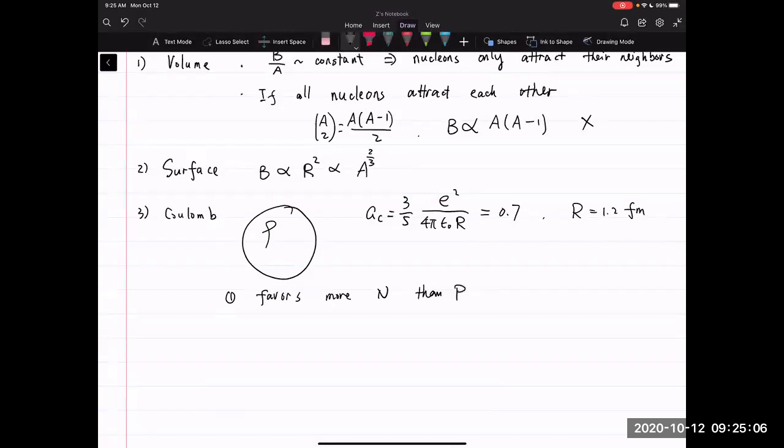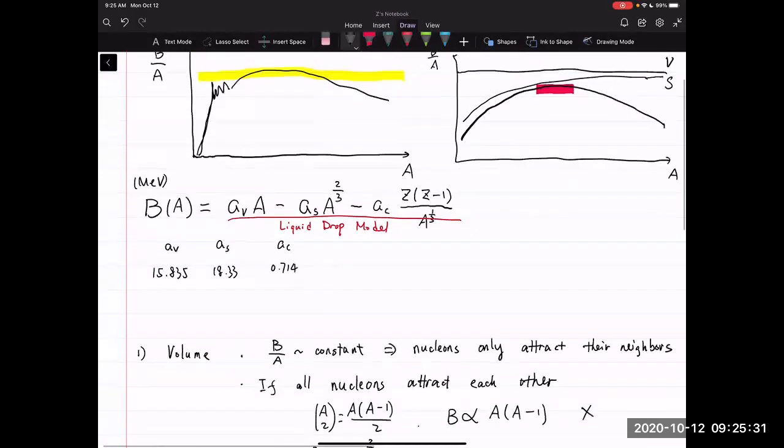If you remember, we plotted all the known nuclei in this chart of nuclei, Z versus N, and we see many of them lie below the line Z equal to N. So for most of the stable elements, we have more neutrons than protons, and this is actually because of the Coulomb term.